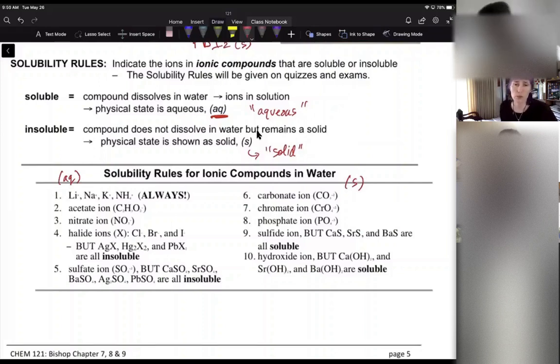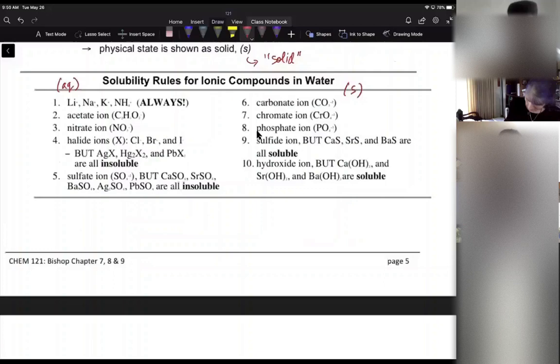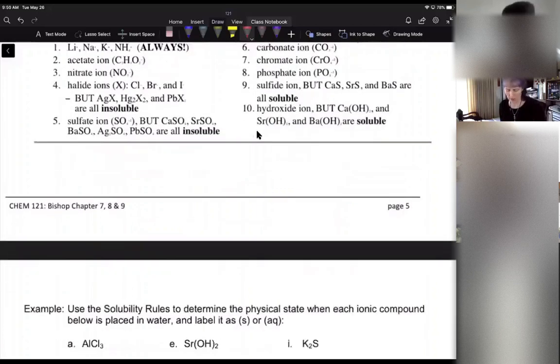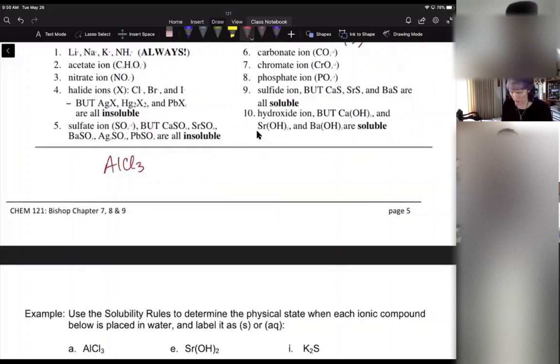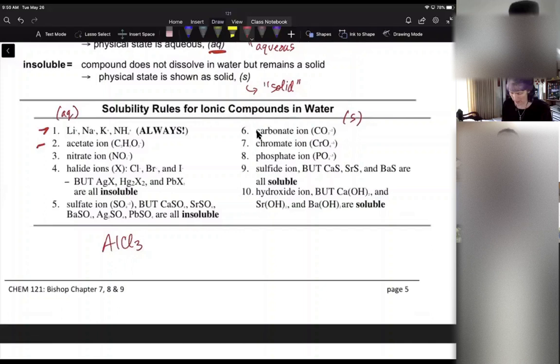So we'll go through these in order, and let me copy one of these. Let me copy AlCl3. There's none of the rule number 1 items. There's no acetate, there's no nitrate. Oh, there's a halogen. And there's an exception. So an exception on this side means that it would be solid.